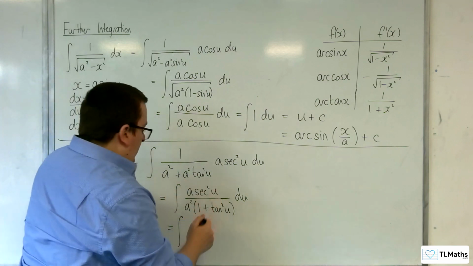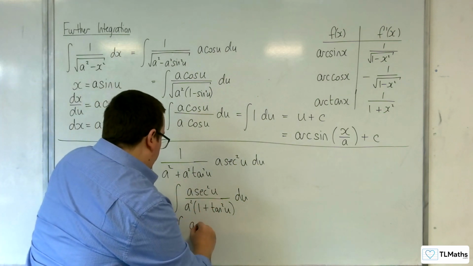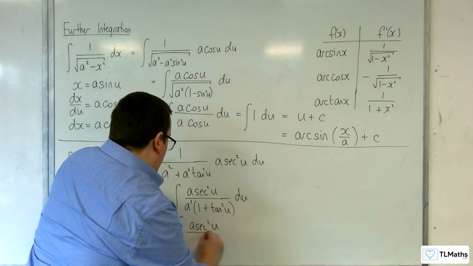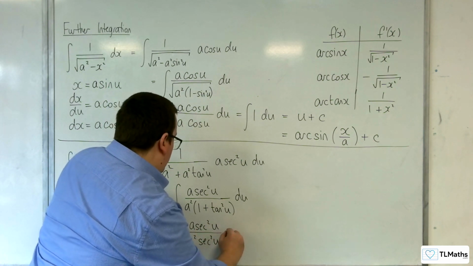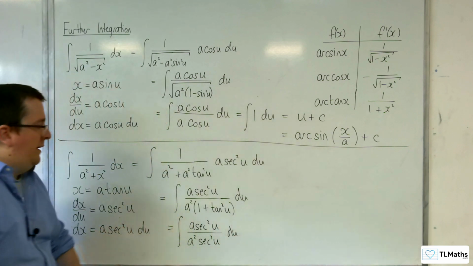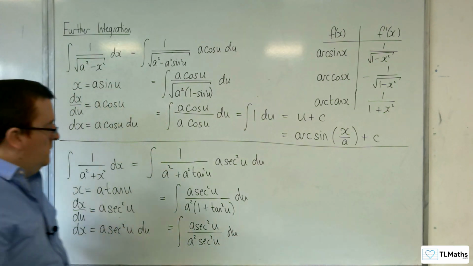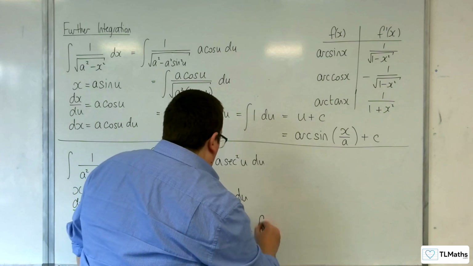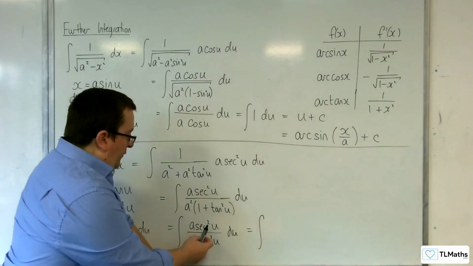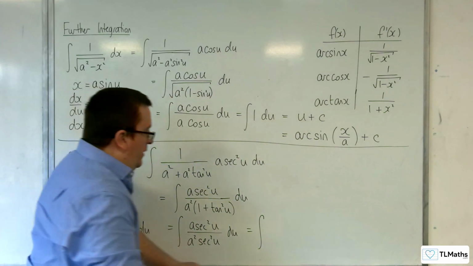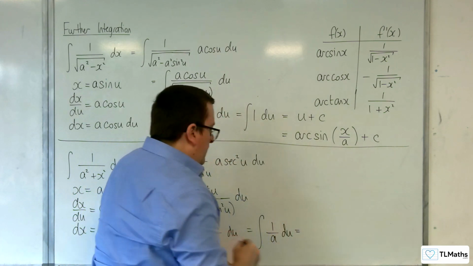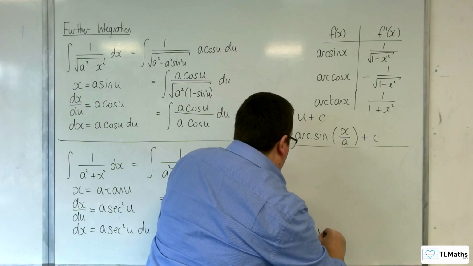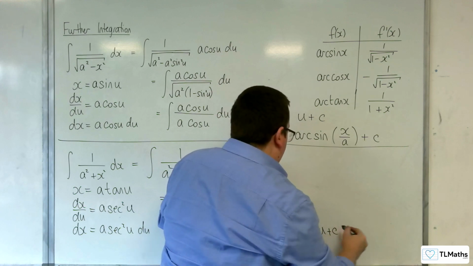So we've got a sec squared u in the numerator over a squared sec squared u in the denominator, because 1 plus tan squared is sec squared. So this is equal to the integral, the sec squareds cancel, we have a over a squared, which is 1 over a, du, which integrates to 1 over a u plus c.